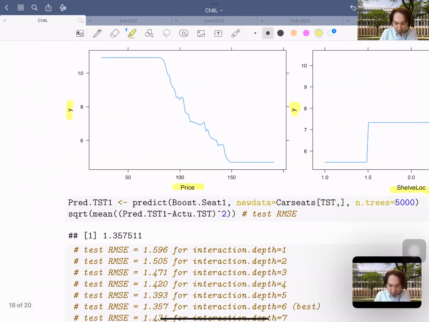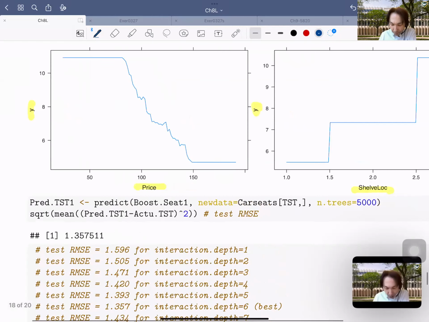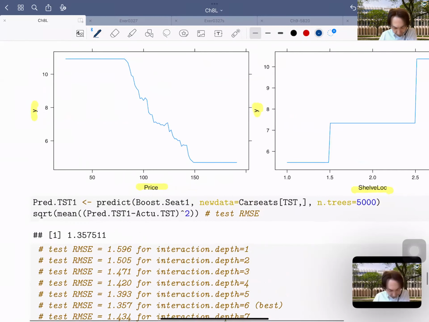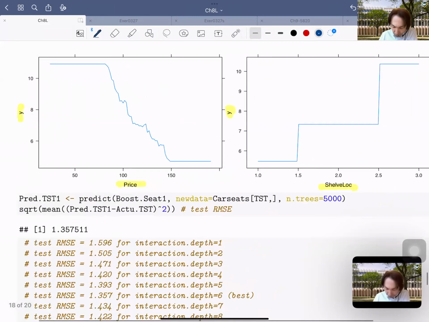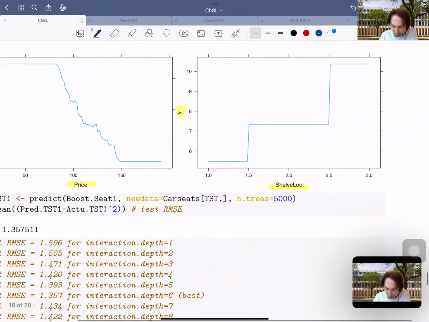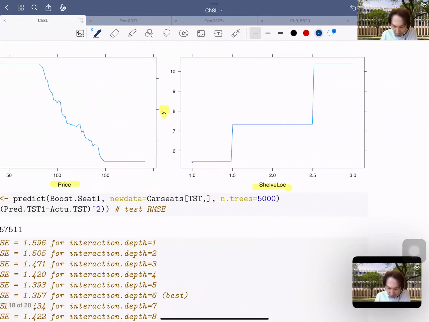You can see that it's not very smooth, but it's almost a smooth curve, and it looks almost continuous. And this is shelf location. I think we only have 3 values, so this and this and this, but you can see that each shelf location has a different level.